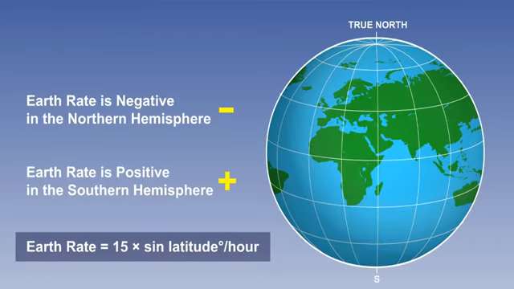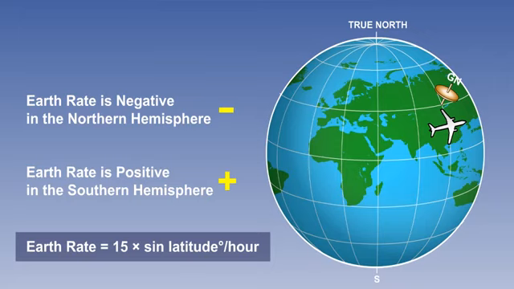Apparent wander due to transport wander will occur at the same time as earth rate. In the case of transport wander, however, the additional factor is that the gyro itself is moved across the Earth. Although earth rate and transport wander occur at the same time, when we come to do calculations, we calculate the error for transport wander separately and add or subtract it to the equation for total wander.